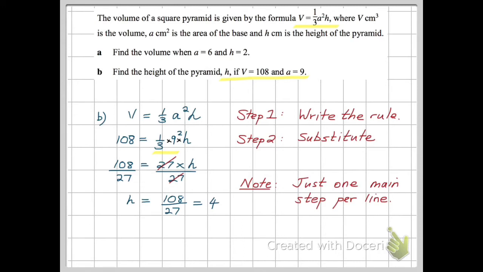It doesn't matter if you write several lines to get the answer. It's all about accuracy, not speed. And finally, don't try to do too much in your head. I've seen a lot of students doing this. They try and combine steps to either save paper or save time, and they end up making mistakes and getting the question wrong.